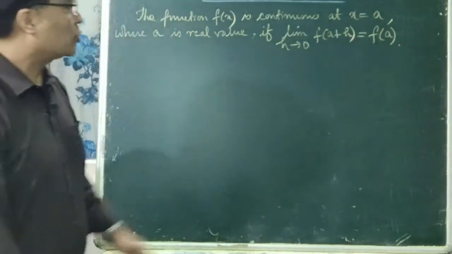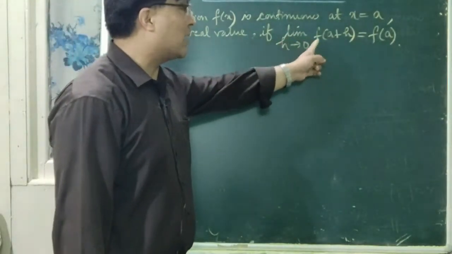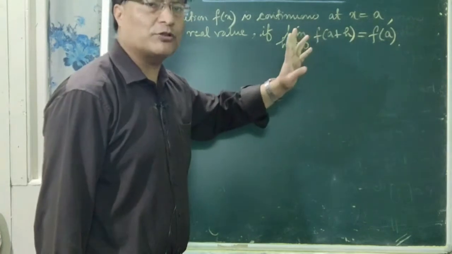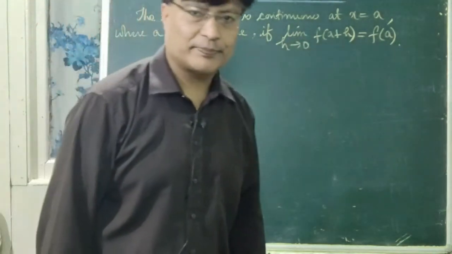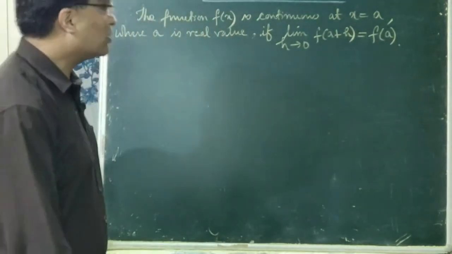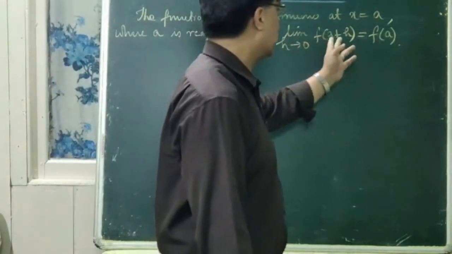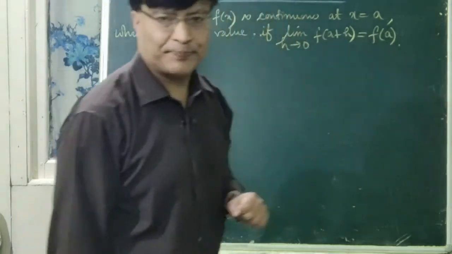So limit h tends to 0, f of a plus h means both right hand limit and left hand limit are included in this case. Is that clear to all of you?